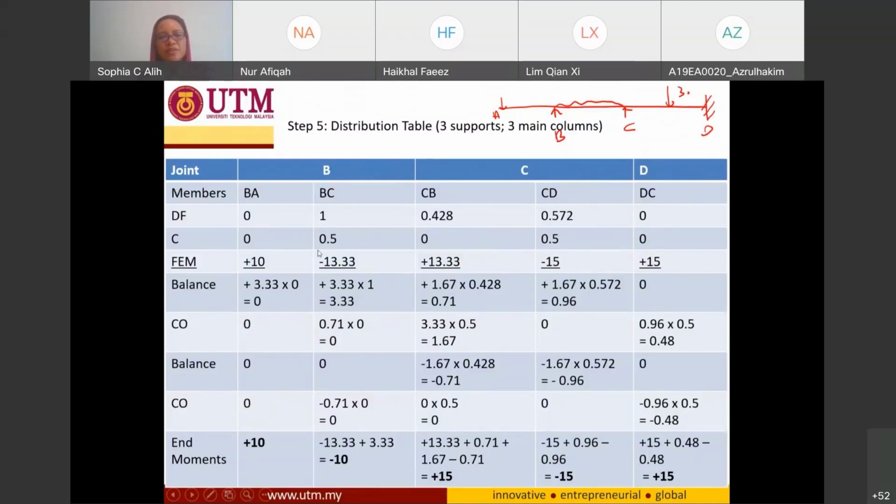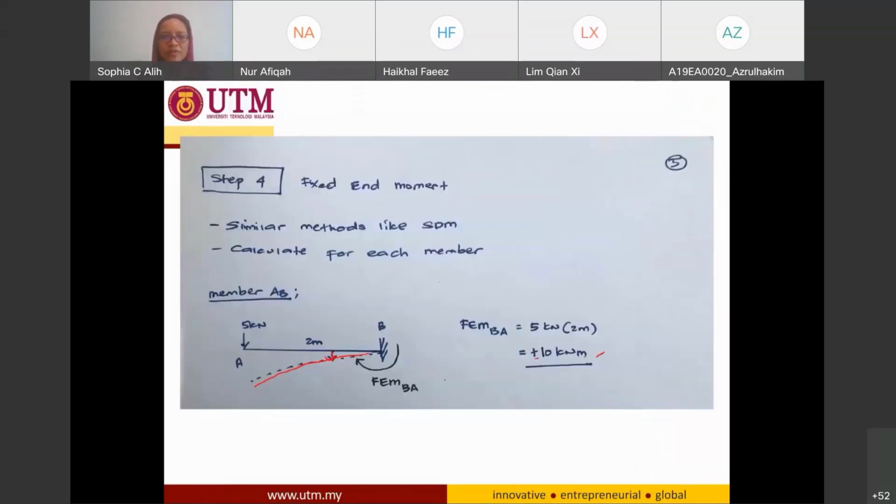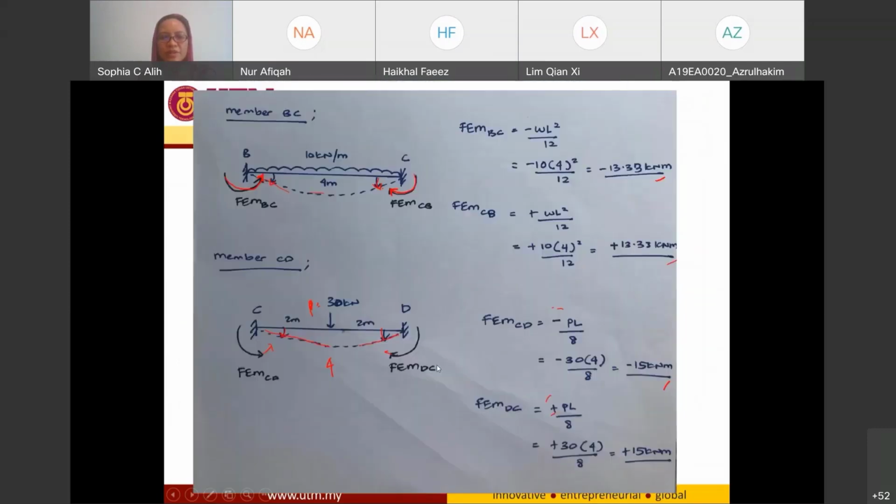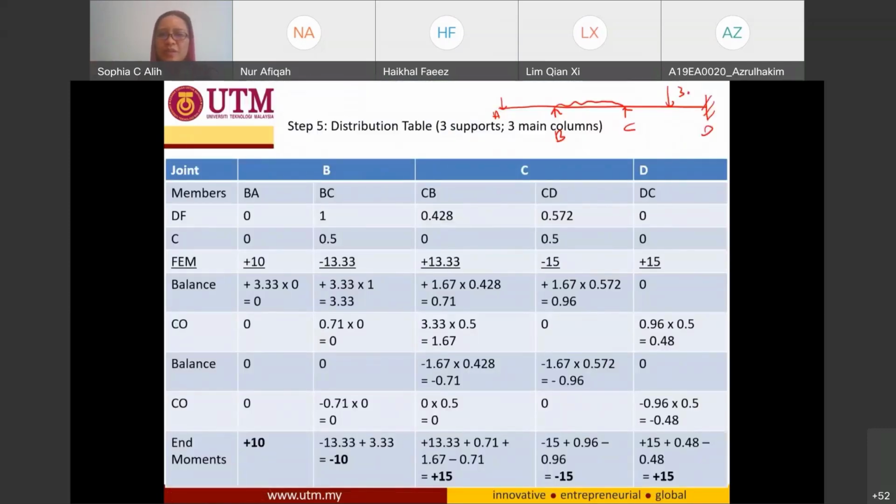This carryover factor is also what you have already calculated before. From B to C is 0.5. For this one, it is the guidance. In our example, since this is the end pin to an intermediate pin, it is going to be 0.5, because it can carry over 0.5 over here, and from C to D it can also carry over, so it is 0.5.